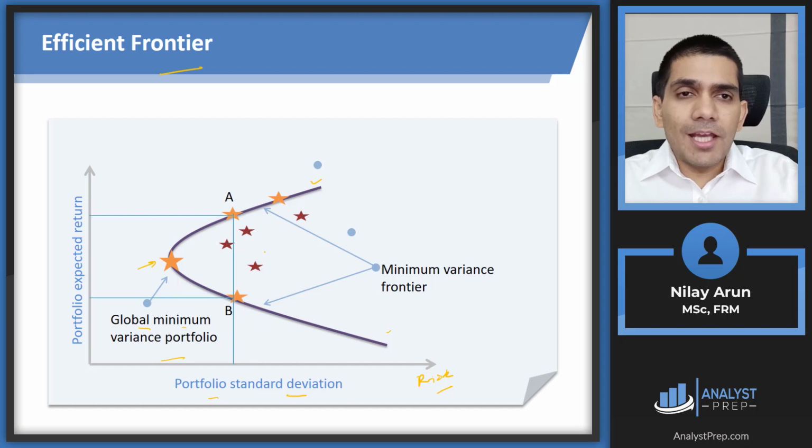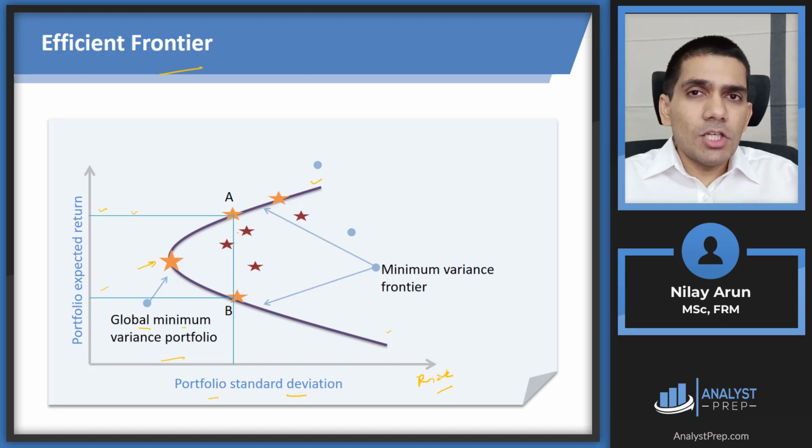But when we look at the expected return, you can clearly see that A is giving you a much higher return compared to B. You can see that being plotted here. So the return of A is way higher than return of B, but the risk is the same. So needless to say, no rational investor will ever go for B over A. You'll always select A over B because it is giving you a higher amount of return for exactly the same level of risk. That is essentially what we mean by an efficient portfolio.